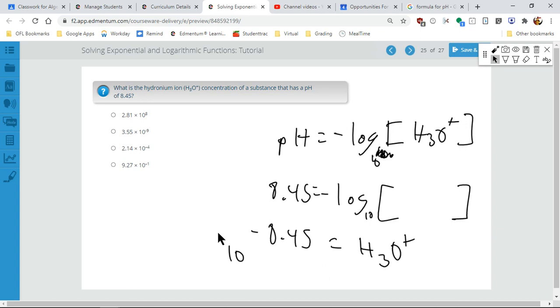So 10 to the negative... That should be a decimal though. I got that. Gotta do log to the other side. Huh. What did I do wrong? This is a percentage. Make it negative.